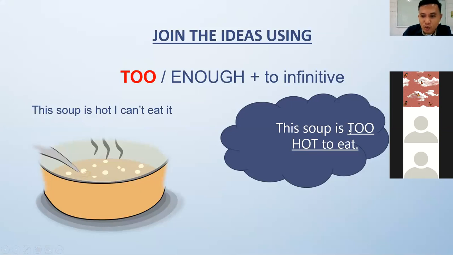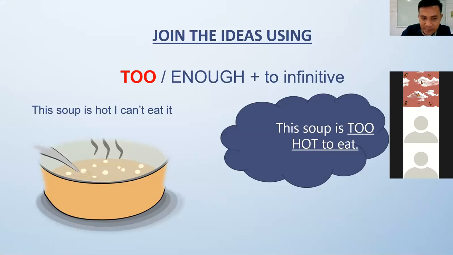Okay, this soup is too hot to eat. Yes, this one here. This soup is too hot to eat. You don't need to say this soup is too hot to be eaten. In English we don't say that. Just this soup is too hot to eat. That's fine.